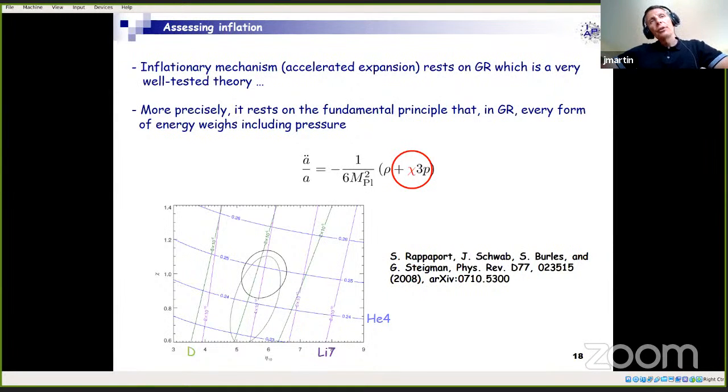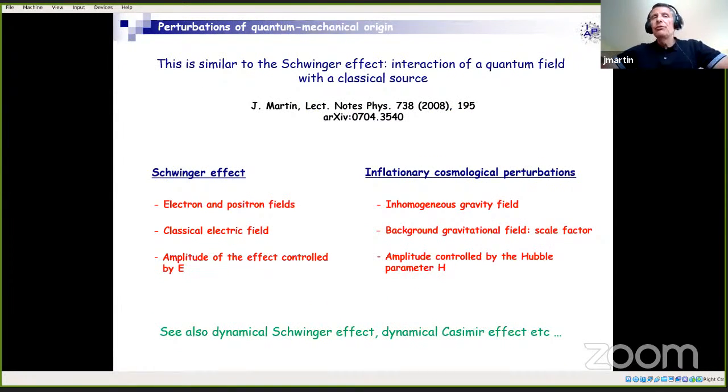There is also the structure formation mechanism for inflation. So here the idea is basically the following. At the beginning of inflation, we have quantum fluctuations of the inflaton field and of the gravitational field. The two are coupled through Einstein equations. And those quantum fluctuations are amplified by gravitational instability and stretched to cosmological distances by the expansion.